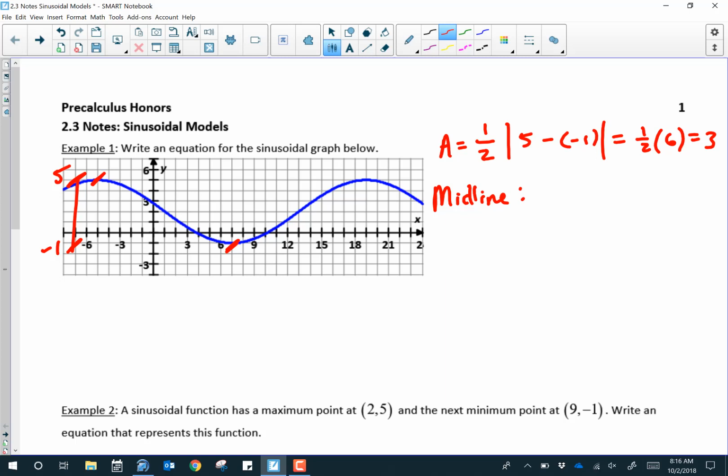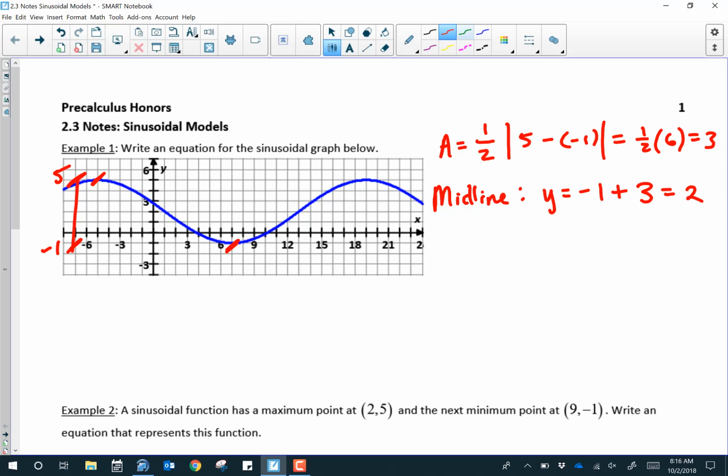If you know the amplitude, you can take the maximum and subtract the amplitude, or take the minimum and add the amplitude. I typically take the minimum and add the amplitude, which gives me 2. Taking the maximum and subtracting the amplitude would also give you 2.